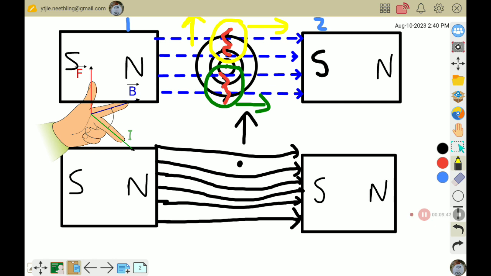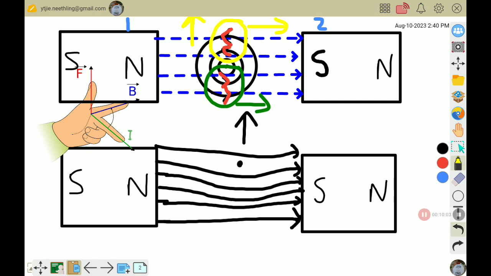So that is where we use Fleming's left-hand motor rule. Okay, so the only time it's the left hand is when you have current running through the conductor, a permanent magnetic field, and you need to discover to which side that conductor will move.